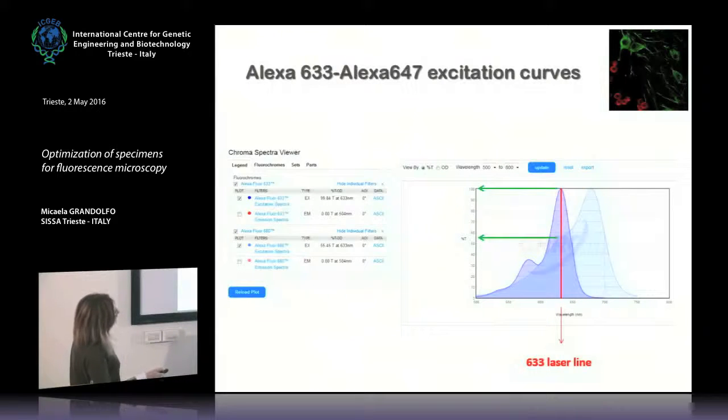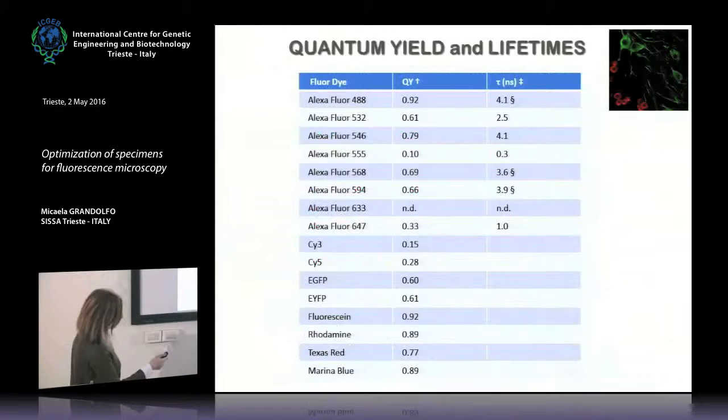Because Alexa 647, this is the excitation curve of Alexa 647, as you can see. The efficiency in terms of excitation is around 55%, but the quantum efficiency of this fluorophore is determined, and it is not the best that you can have, but it is something that you can work with, okay?